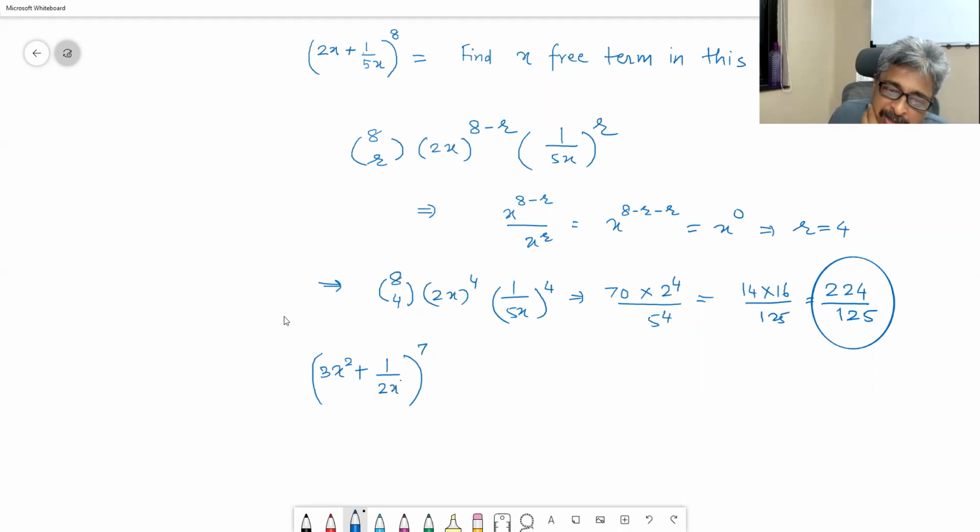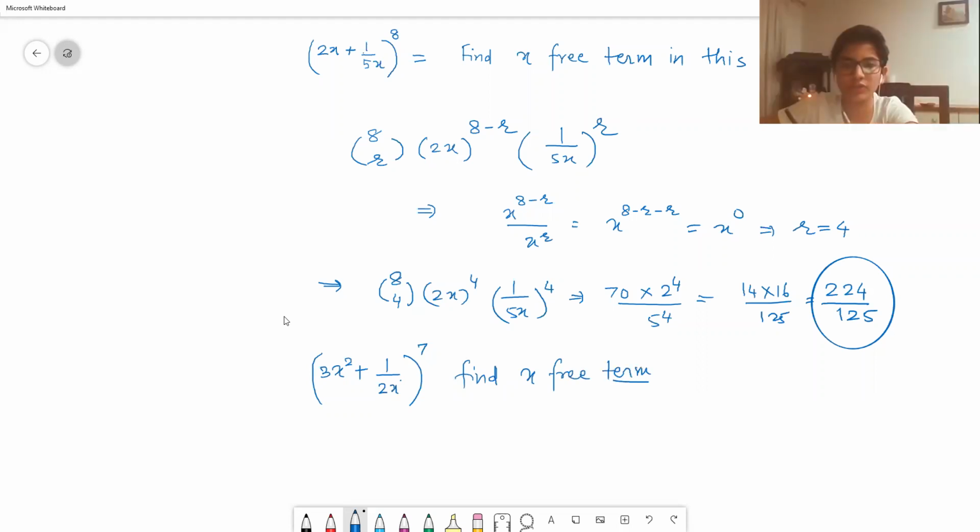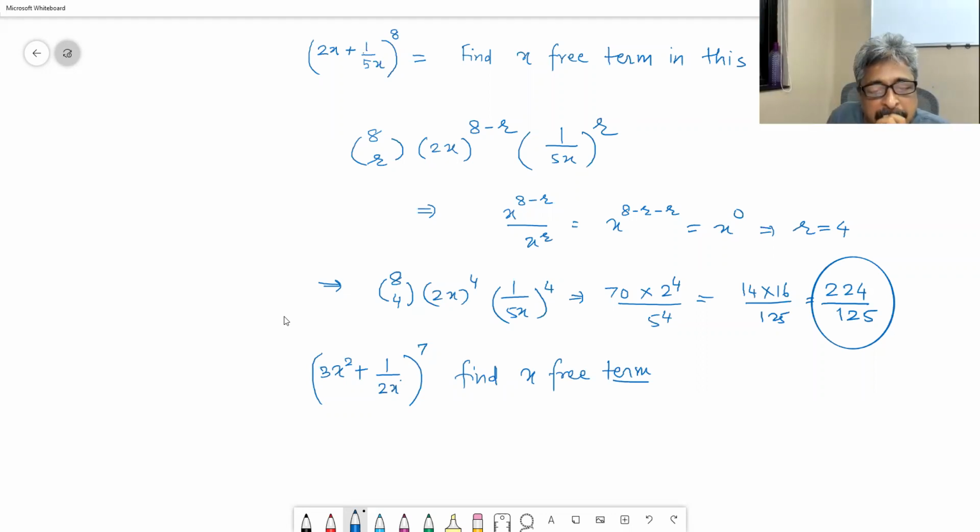Bracket raised to 7. Will we have a term free from x? Yes, I think so. Find the x free term. Sir, is it 2x raised to 3 or 2x? It is only 2x here. And here it is 3x square.